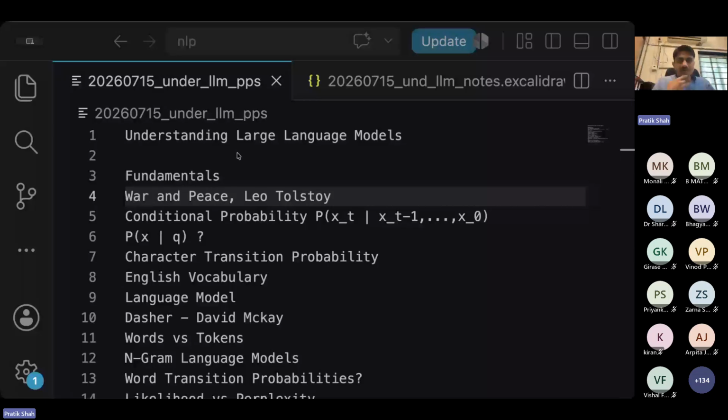It is expected that if you are reading a classic from your own language, perhaps almost all the words of your vocabulary would be part of this book somehow. So Leo Tolstoy, a good example. War and Peace has almost every English word that you can think of. Correct. And so it's a good starting point.